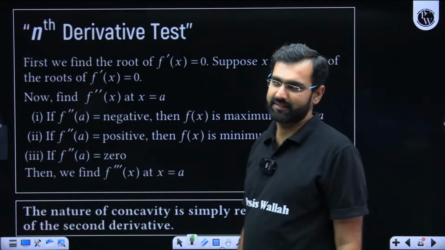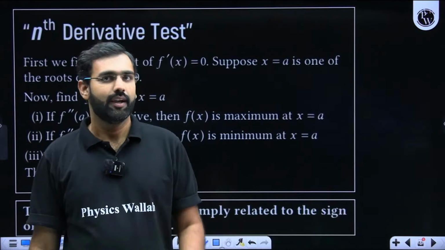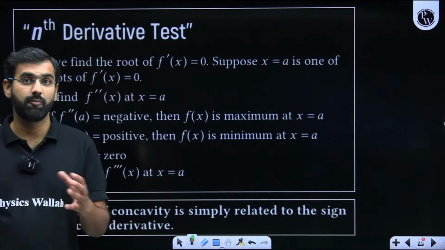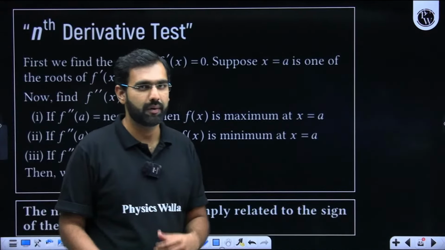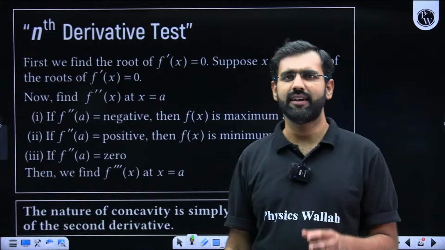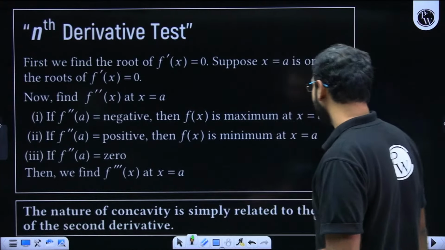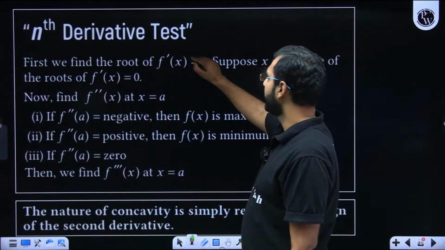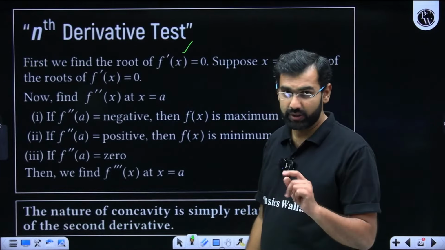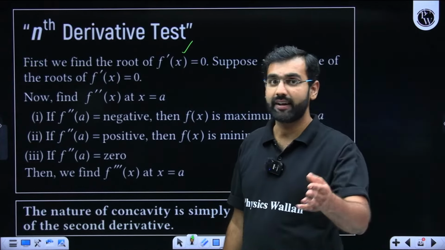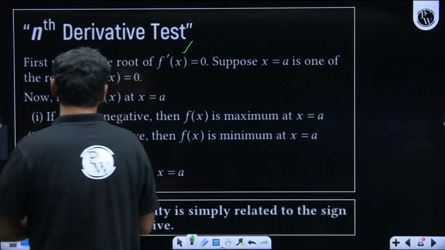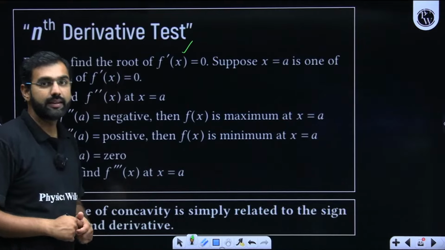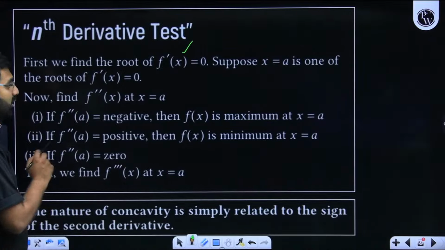Nth derivative test. What is happening there? If you are interested in finding the local maxima, local minima, or global minima, usually with the second derivative test, we find it. What we do in that case, I hope you remember. First of all, you find the derivative of it, f dash x. You put it equal to 0. By solving it, you find its roots. Let's say you find the roots as alpha and beta. Then you find its second derivative, that is f double dash x.